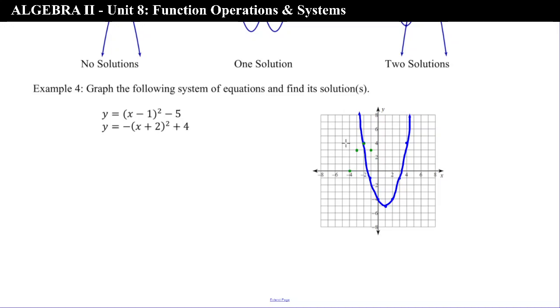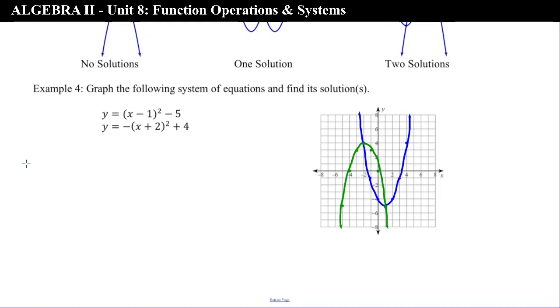And then we're going to go down here. And we're going to reflect the points on the other side. And we'll go ahead and draw this line through. So there's the parabola for the second function.